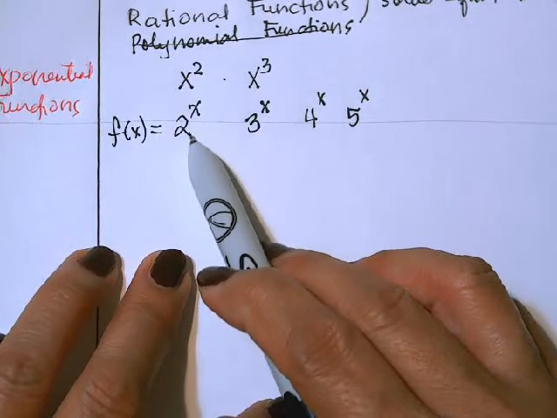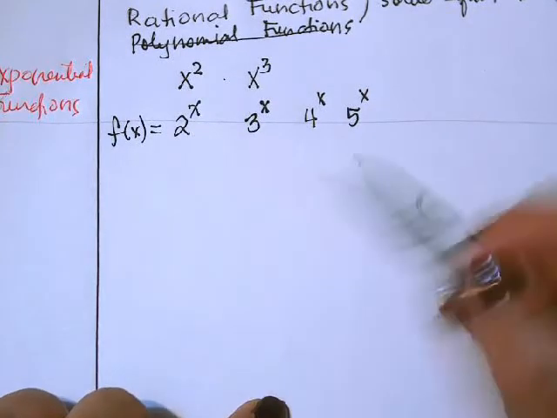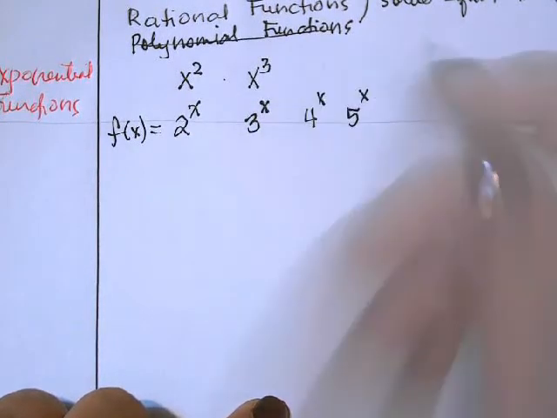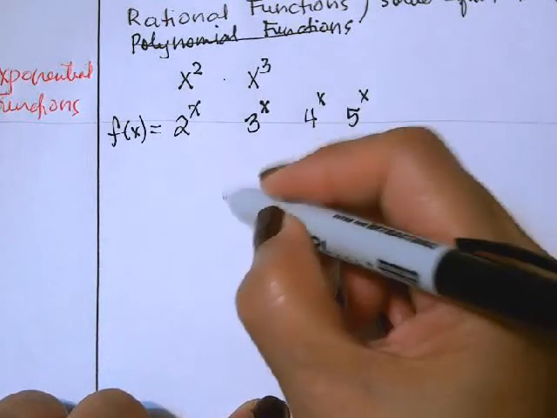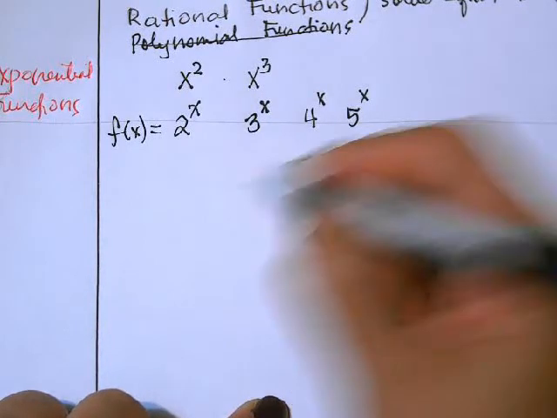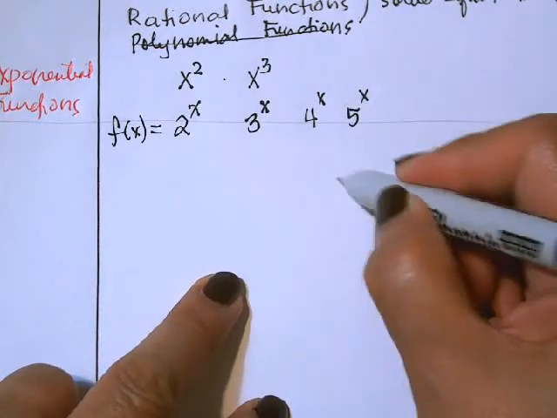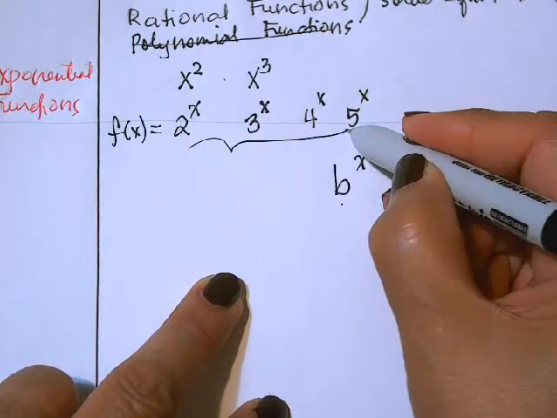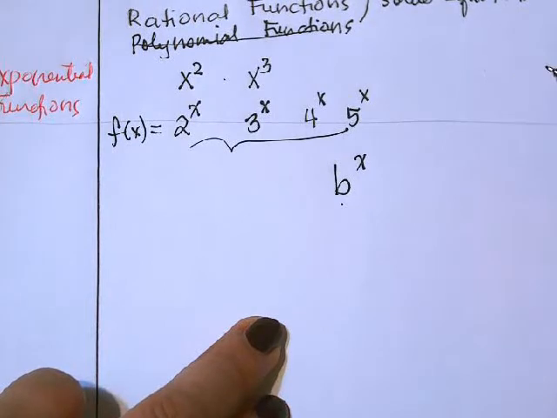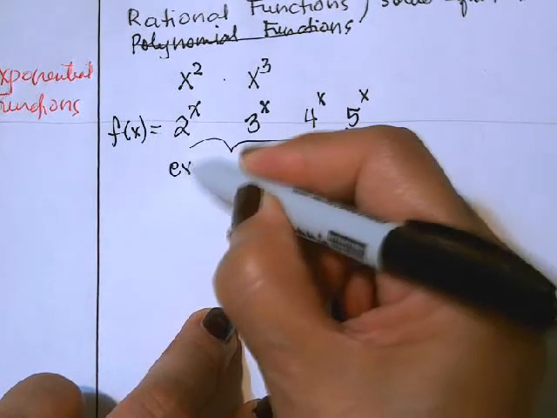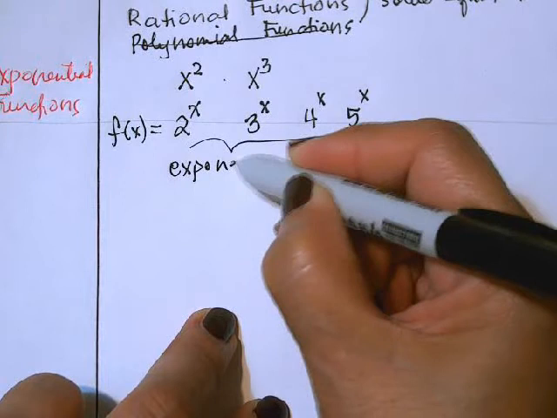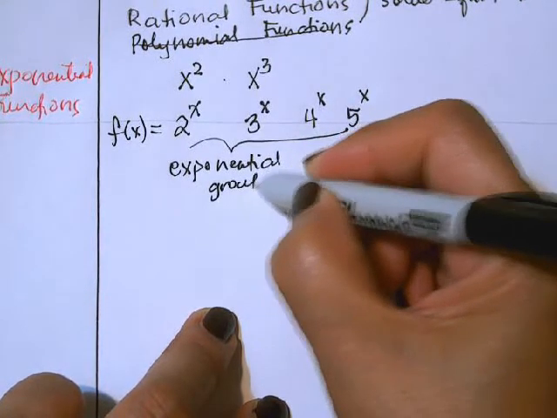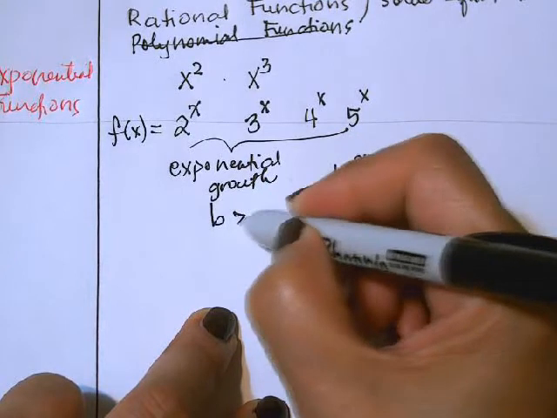When the base is bigger than 1, like 2, 3, 4, 5, the form of exponential is b to the x. So when b is bigger than 1, we call that an exponential growth.